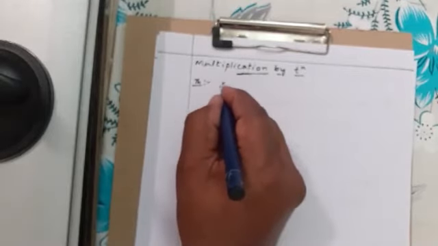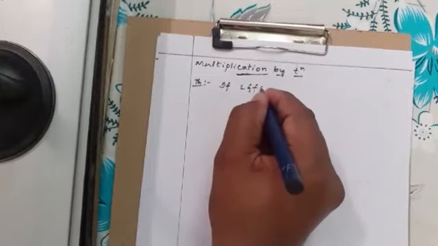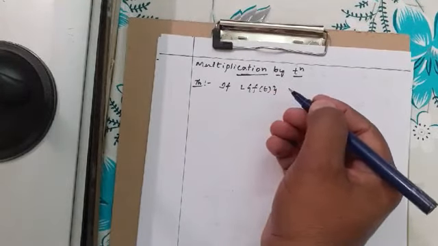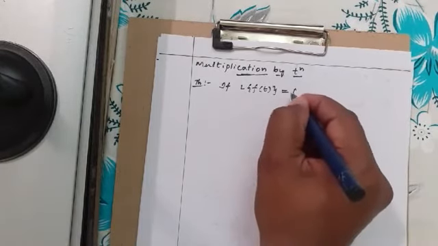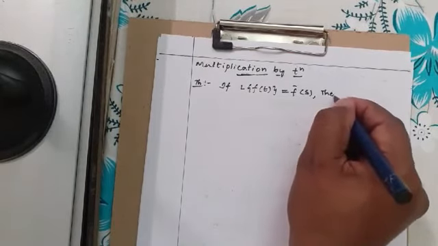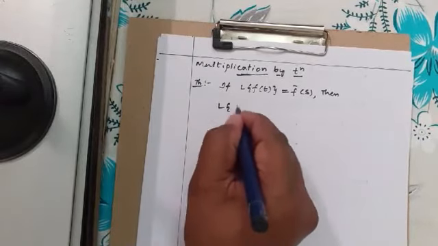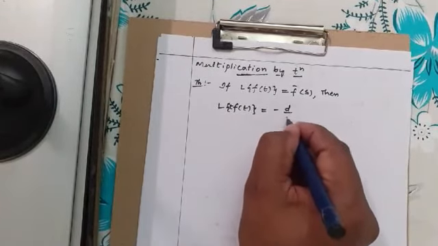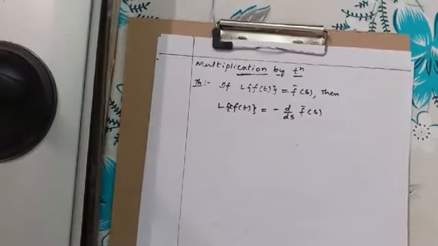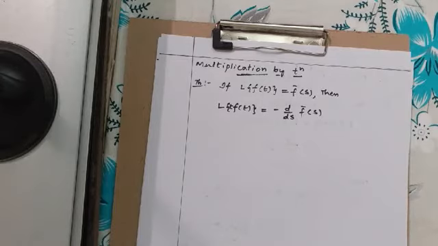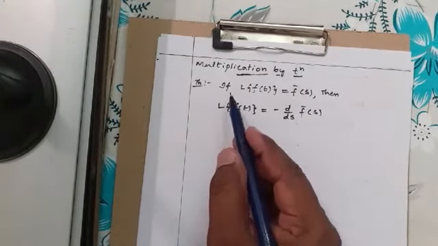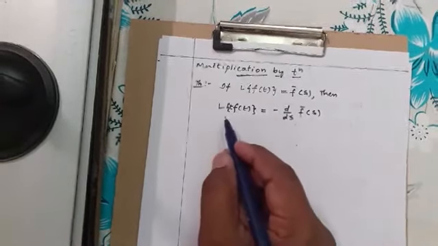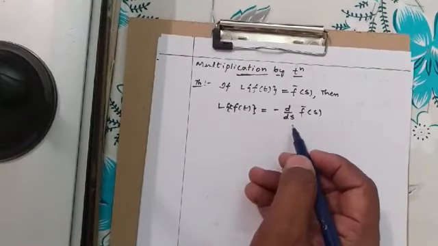The theorem statement is: if Laplace of f of t is equal to f bar s, then Laplace of t into f of t is equal to minus d by ds f bar s. Now let us prove this. Once you go through the statement: if Laplace of f of t is equal to f bar s, then Laplace of t into f of t is equal to minus d by ds f bar s.